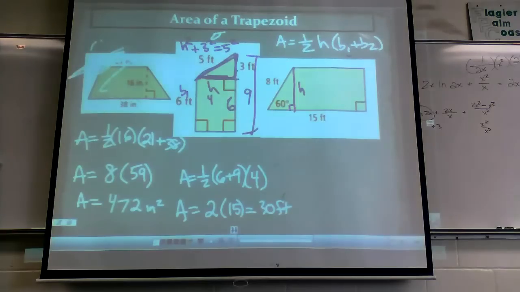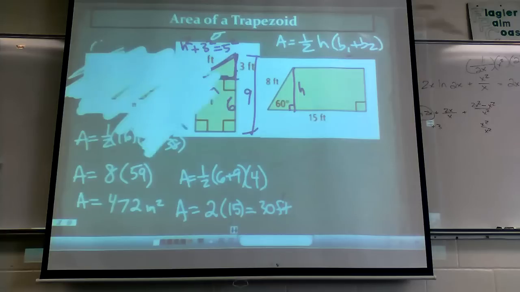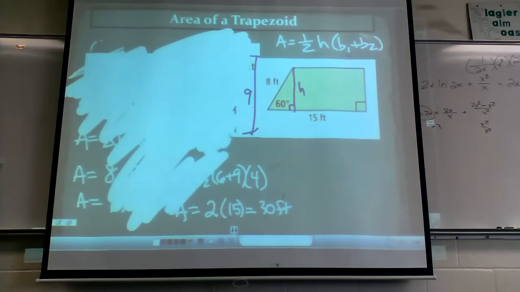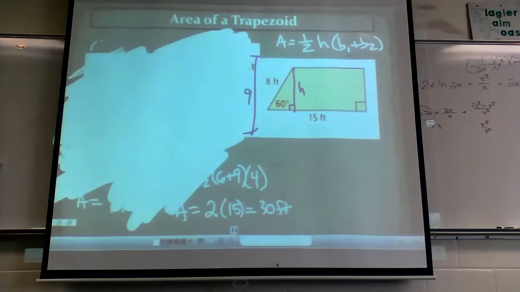Now, what you should notice is they give you the 60 degrees there for a reason, right? Because if you've got 60 degrees in the triangle, it's a 30, 60, 90 right triangle. 30, 60, 90s and 45, 45, 90s are going to come up because you can do them pretty quick with those ratios.